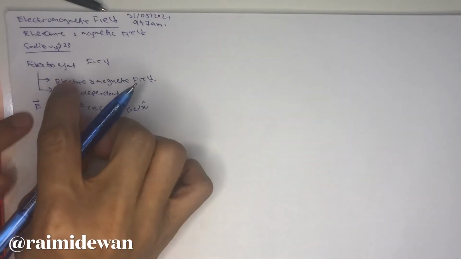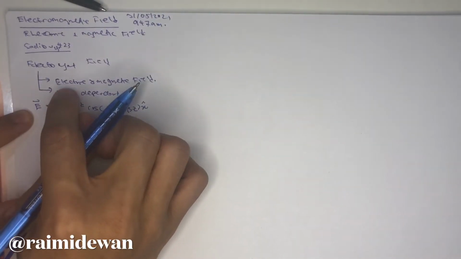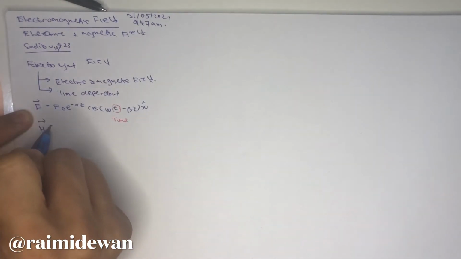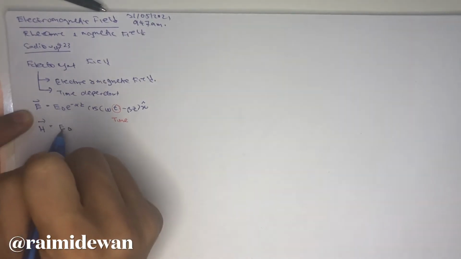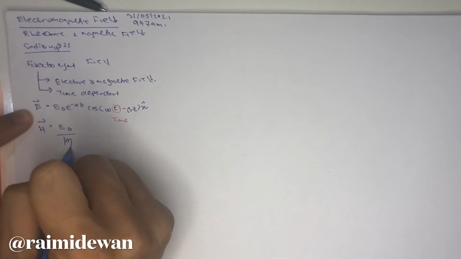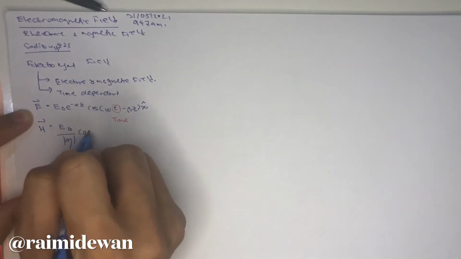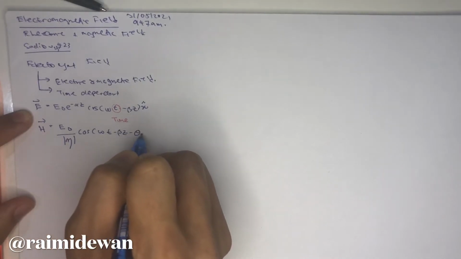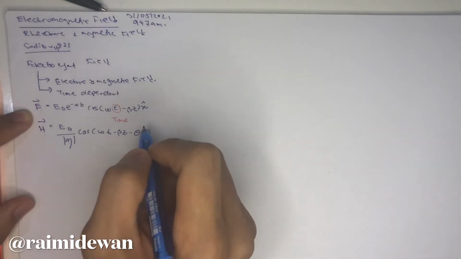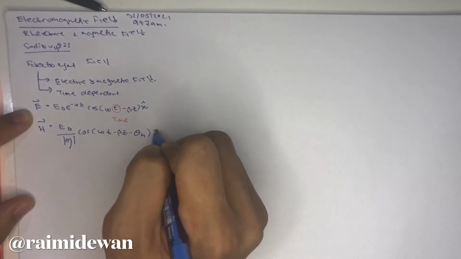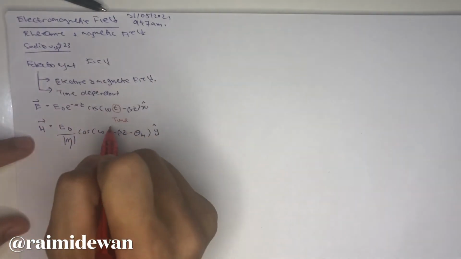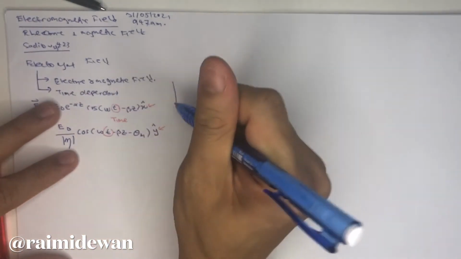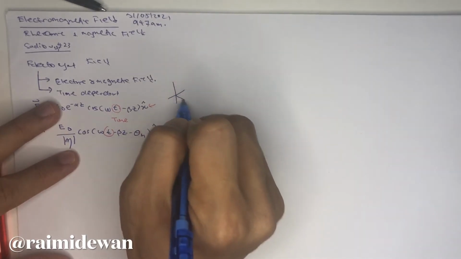Because it exists in electromagnetic field, both electric and magnetic, you also have your friend here, which is H. Then you have E naught over the impedance, with cos omega T minus beta Z minus this angle, and also in Y. You see this is X and this is Y. Y is different because in electromagnetics they are orthogonal to each other.